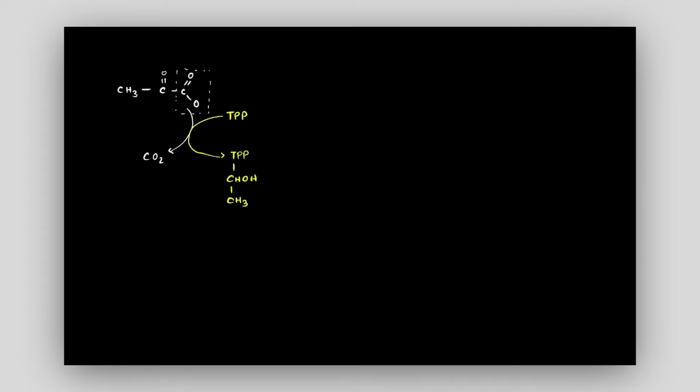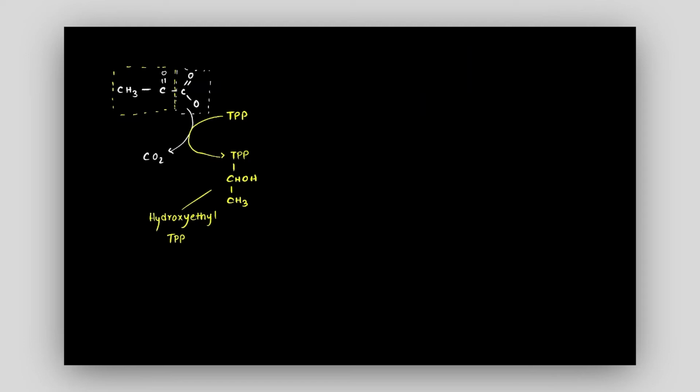So this is hydroxyethyl TPP, right? So it is giving off the carbon dioxide. We got the carbon dioxide out of the process, and in the process this TPP is getting converted with the rest of the pyruvate which was remaining into hydroxyethyl TPP.